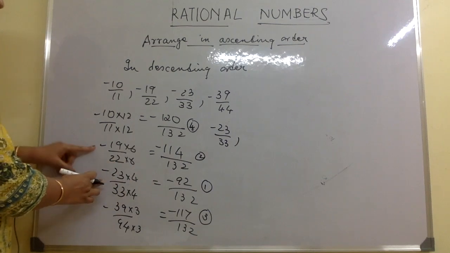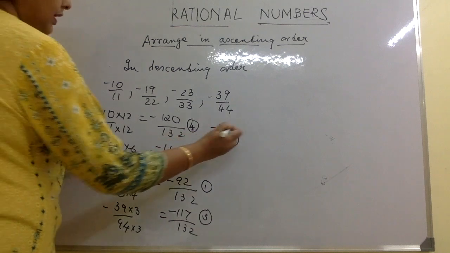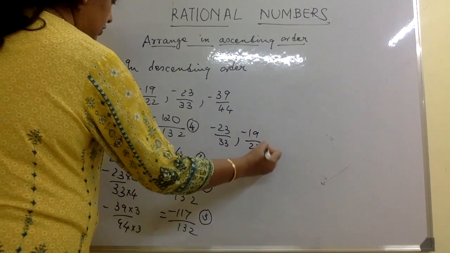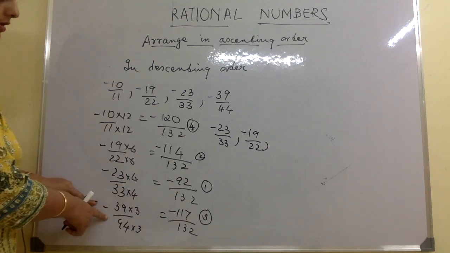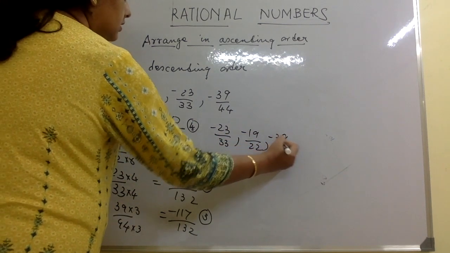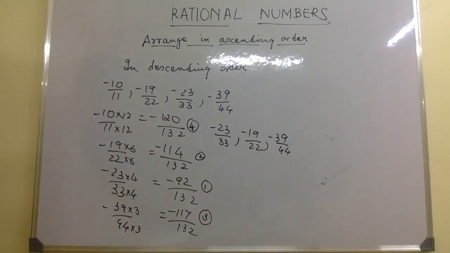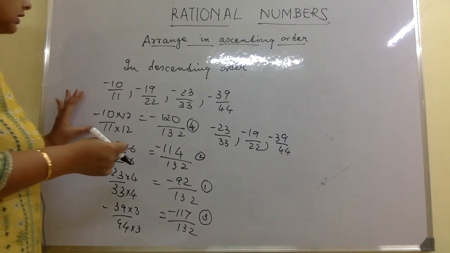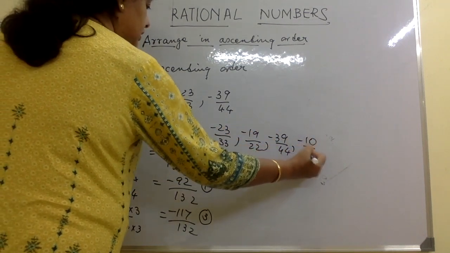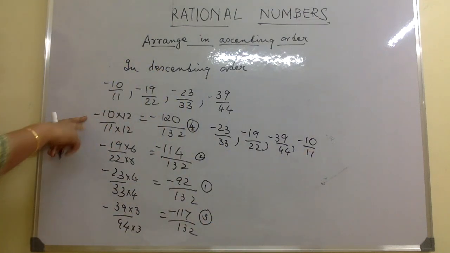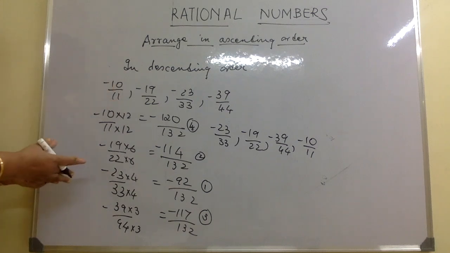So 1, I have written this. 2, I will write this as minus 19 by 22, and the next one, 3, is down here, minus 39 by 44. Then comes the last one, minus 10 by 11, because this is the smallest number over here, because biggest in magnitude makes the smallest negative number.